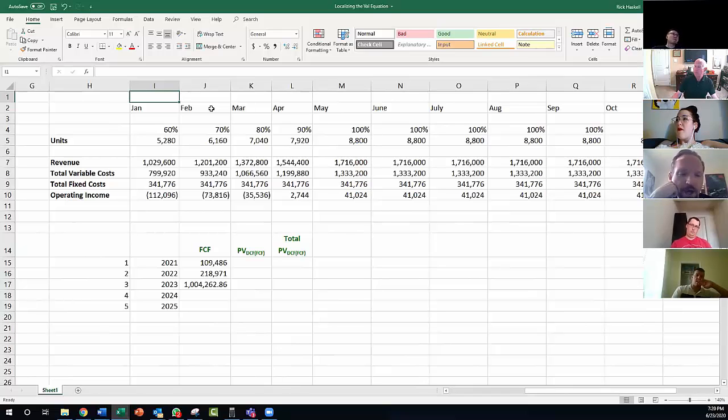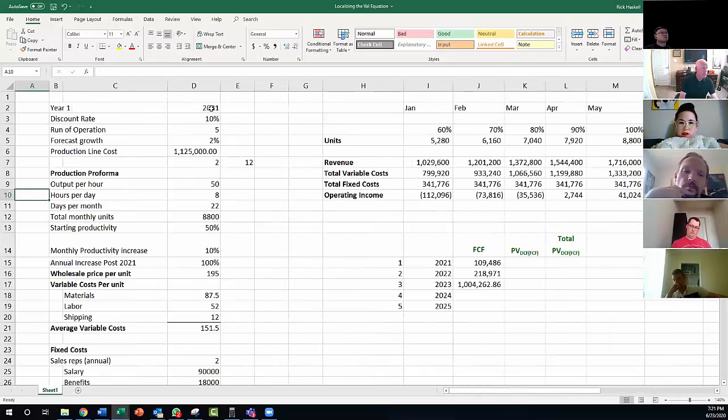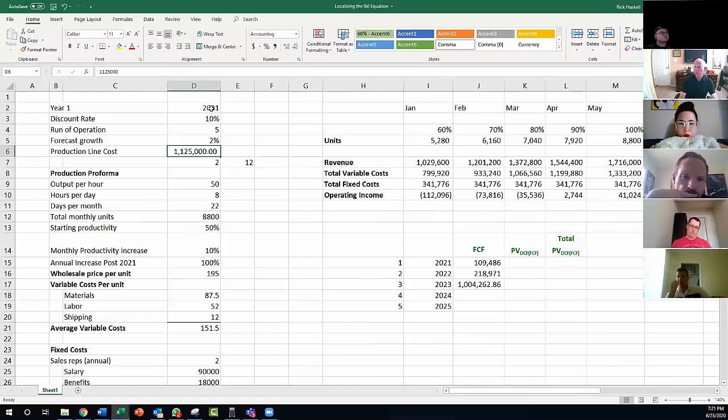Right, but you got it from operating income aggregated. Exactly. So you should be asking the question at some point, well, wait a minute, I don't see that you brought in net capital spending and net working capital. But again, we haven't brought them in because we've got our entire capital component composed in what it's going to cost us to put this operation in place. And that's built into your fixed costs?